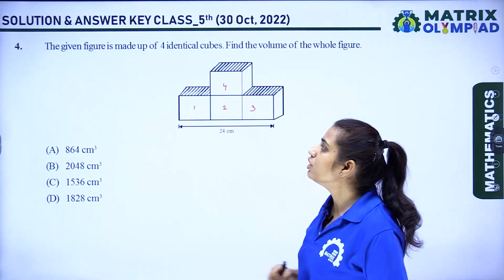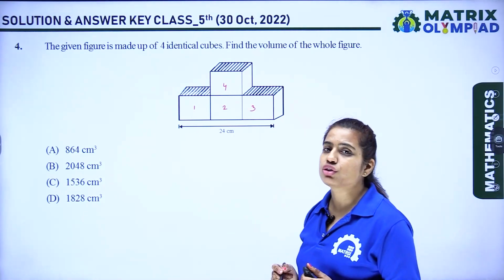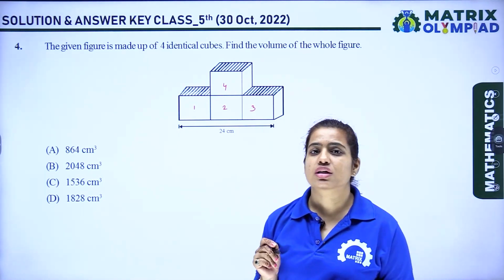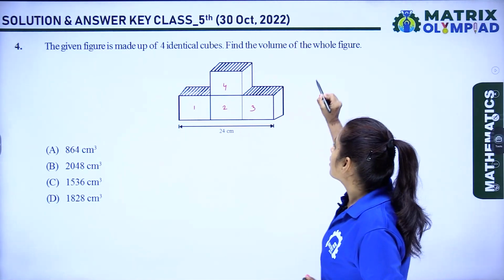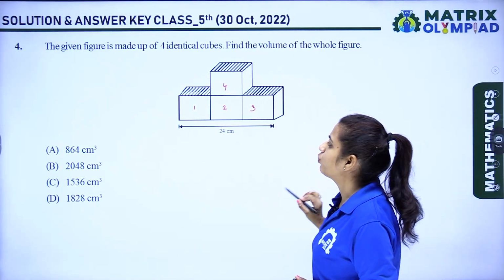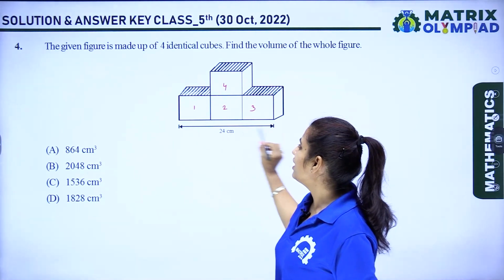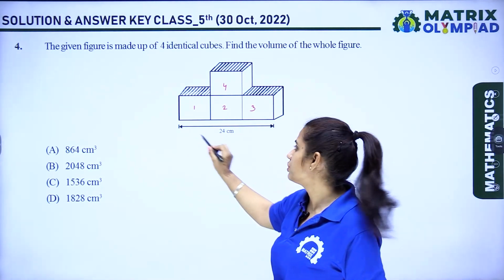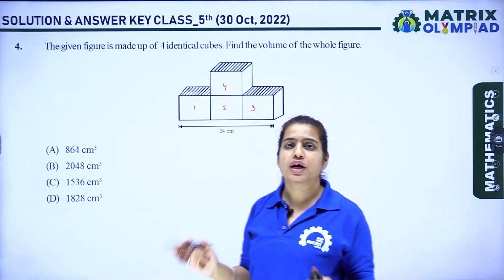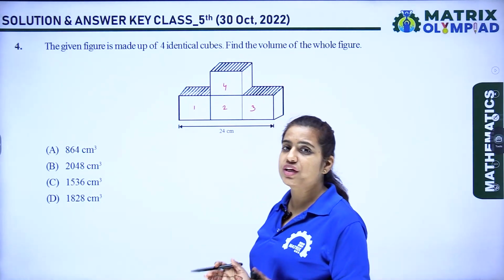Now, to find out the volume of the whole figure, first of all, we should know what is the side of this cube. According to this figure, we are given the length of these 3 cubes, that is 24. This length is made up by joining 3 identical cubes.